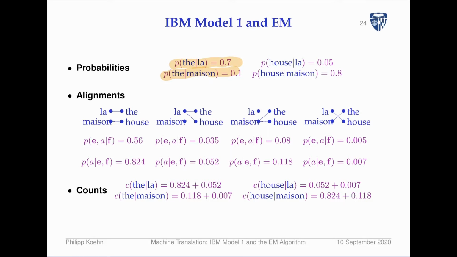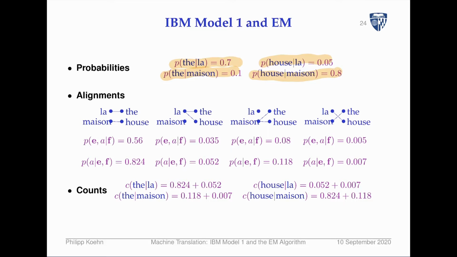There are also other words that maison can translate to. The probability that la translates into house is 0.05, and the probability that maison maps into house is 0.8. So it's an okay model. It still obviously has some wrong probabilities in there.